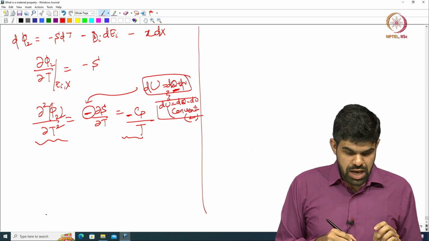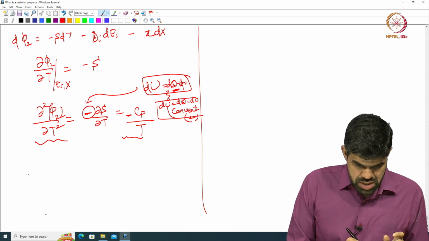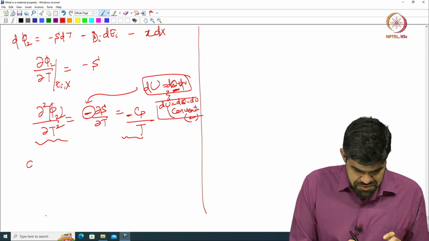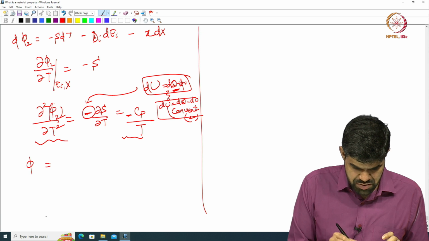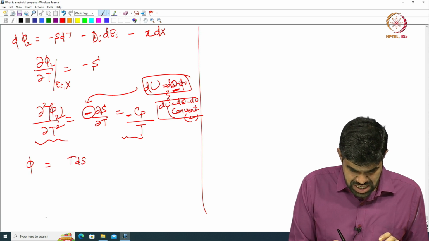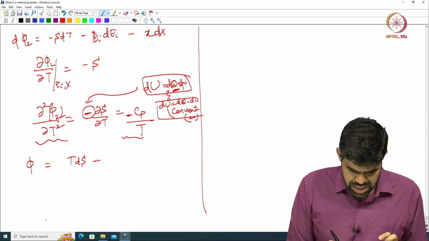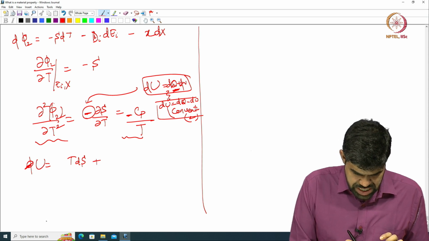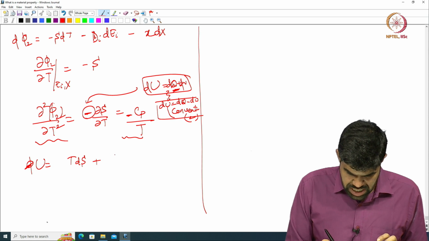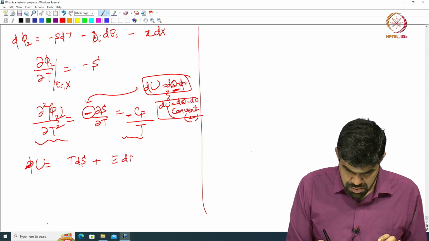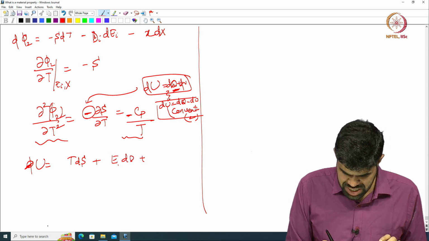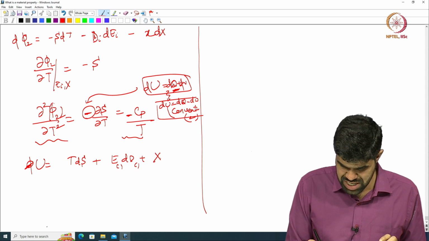Okay. If I go the other way round, that is, I define another thermodynamic potential, I am just going to define u, right. So T ds plus E dD plus, I am just ignoring the indices, there should of course be indices, x dx, right.